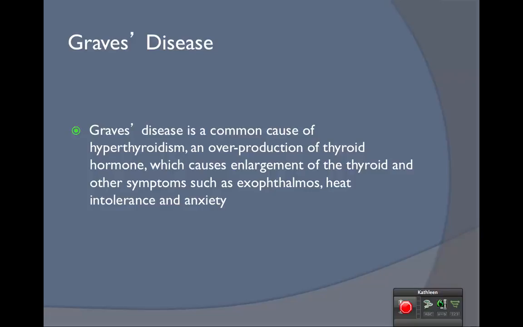Normally, the thyroid function is regulated by a hormone released by a tiny gland in the base of your brain, which is the pituitary gland. The antibody associated with Graves' disease is called thyrotropin receptor antibody. Capital T, capital R, capital A, B is the mnemonic, if you will.